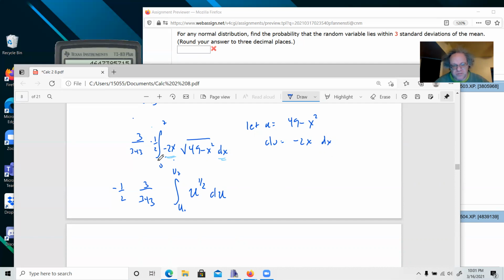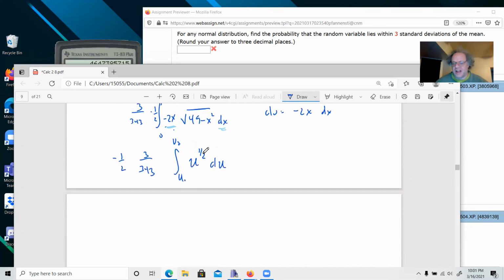Nice, very tame, very easy calculus problem to deal with, except that there are parts B and C. Okay. This is going to be u to the 3/2. All right. Oh, I need another one in here. I need a 2/3.